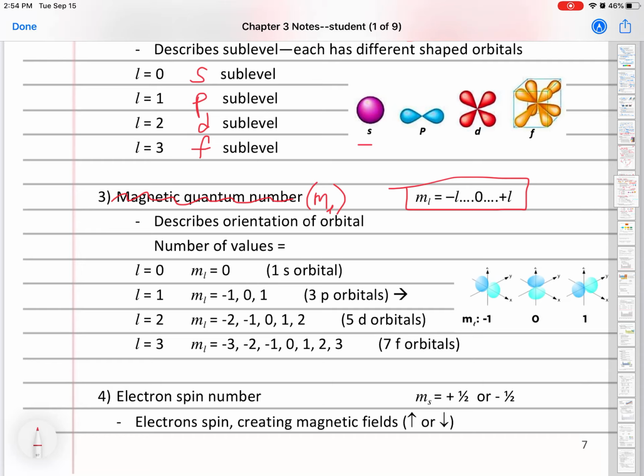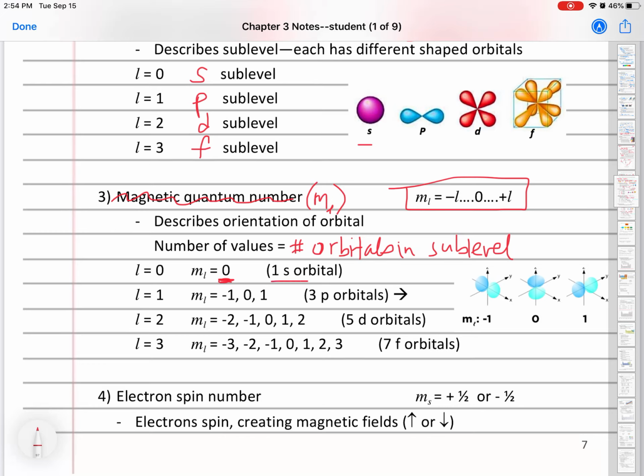And the number of values of m sub l tells us the number of orbitals in a sublevel. All right, so l of 0, that's an s sublevel. It can only have 0 as its m sub l. So it only has 1 orbital.